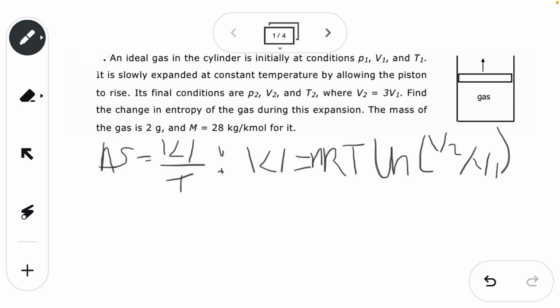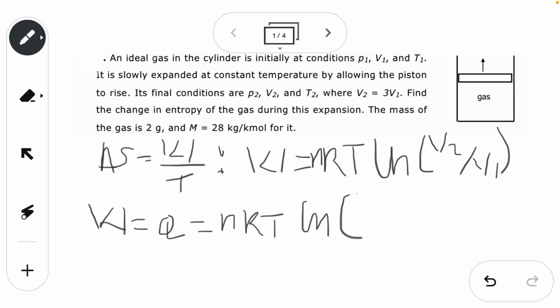Okay, so notice also here that this same work is actually equivalent to the amount of heat that we supply to the system to maintain the internal energy of the system. All right, implying that the work is equal to the heat required, which is still nRT natural log of V2 over V1.